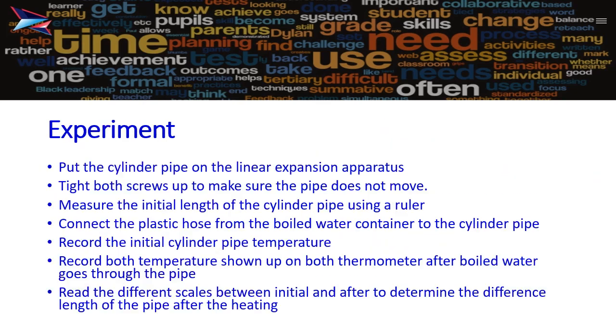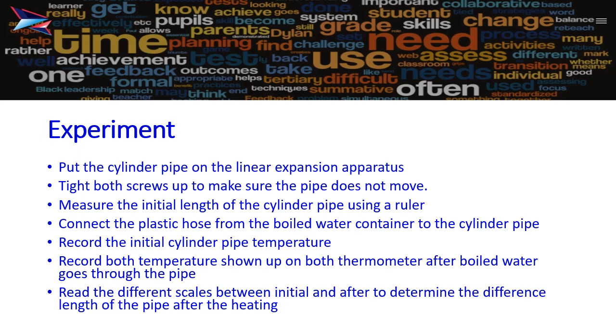The steps of the experiment are the following. First of all, we need to put the cylinder pipe on the linear expansion apparatus. Secondly, we need to tighten both screws to make sure that the pipe doesn't move. Then we need to measure the initial length of the cylinder pipe using a ruler. This needs to be done before the heating.